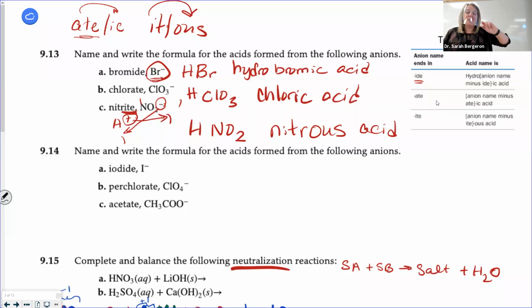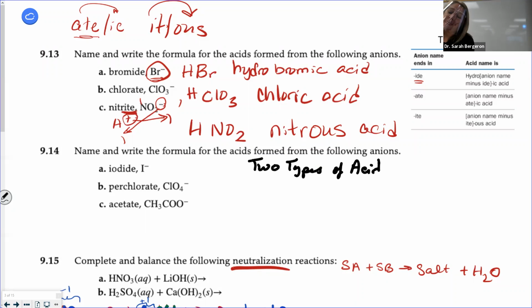Okay, so let's talk about this. You know how we said there are two different types of acids, right? What are the two types of acids in terms of the number of atoms inside of the acid?